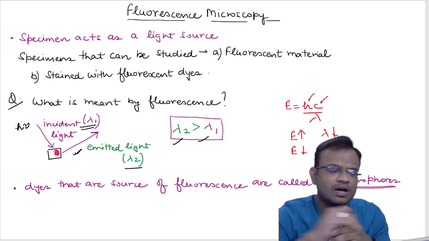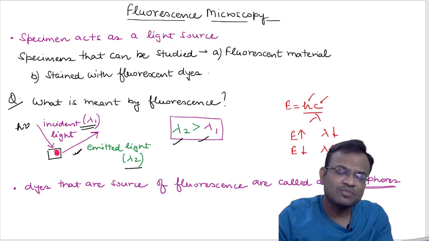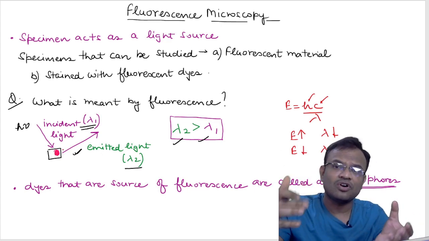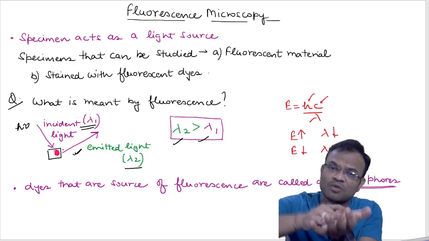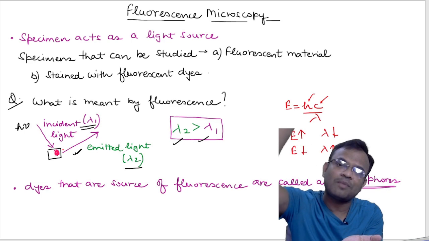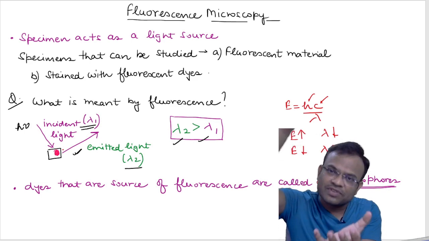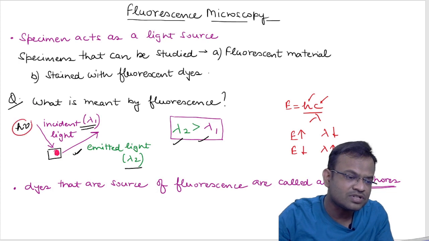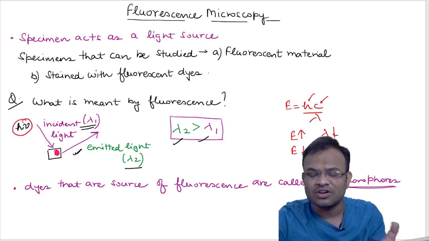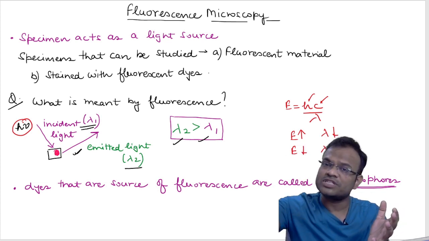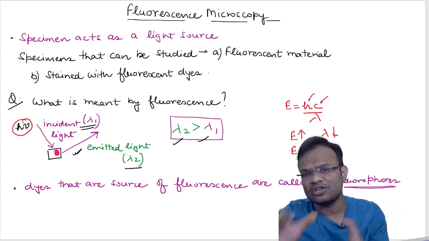Okay. Now understand this: the light that is incident is definitely higher in energy. Why? Because some of the energy was absorbed by this object, and only then was this object allowing the electrons to go up to the higher orbital, and after that the electrons were coming down. So the light that was incident had higher energy, and the light that was emitted in the form of fluorescence has lower energy.